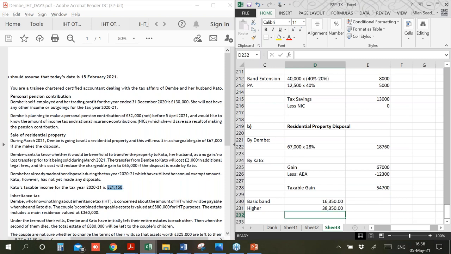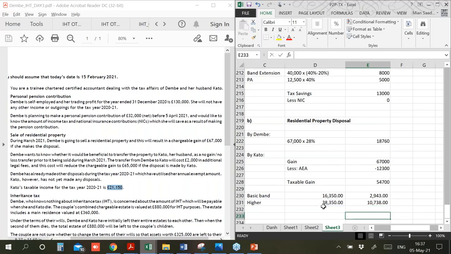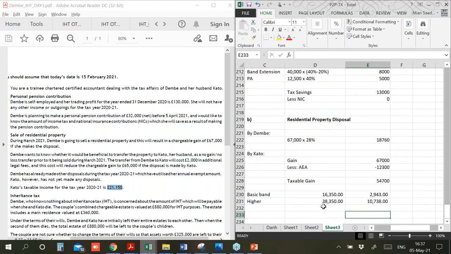Okay, now we'll multiply this amount with 18% and we'll multiply this amount with 28%, 10,738. Now we can calculate the total tax liability.